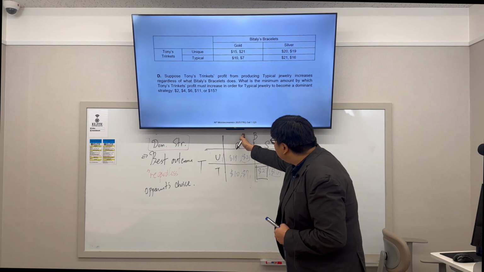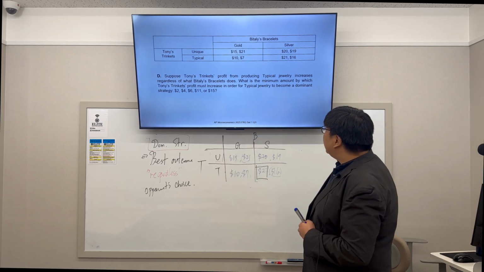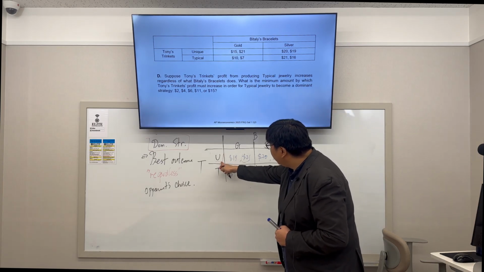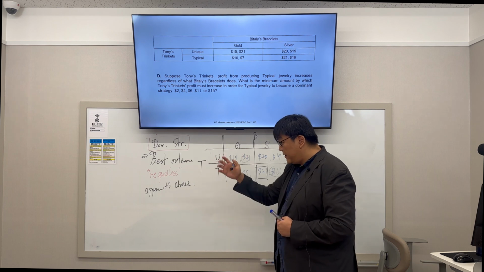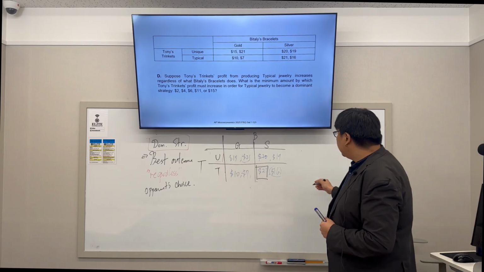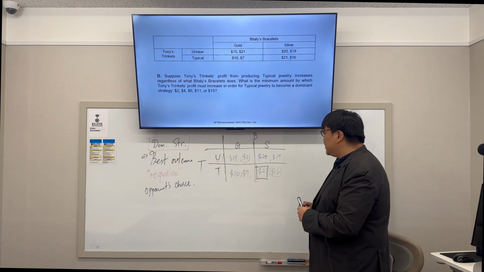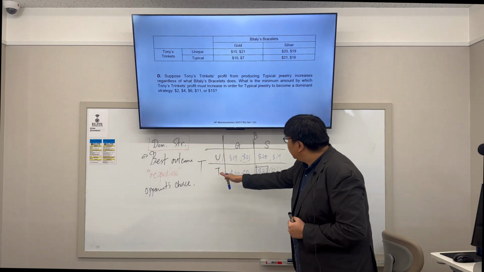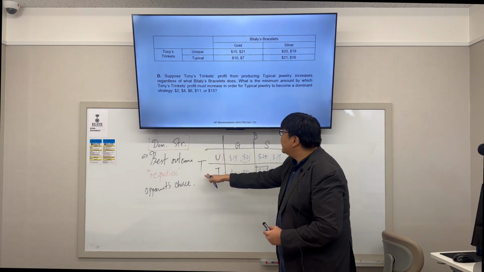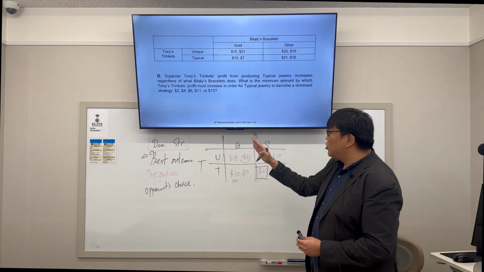But given G, given gold, Tony has an incentive to deviate since U gives a higher payoff by $5 compared to T. So we have to add at least $5 or more to Tony's Typical Jewelry in order for Typical Jewelry to be the dominant strategy.